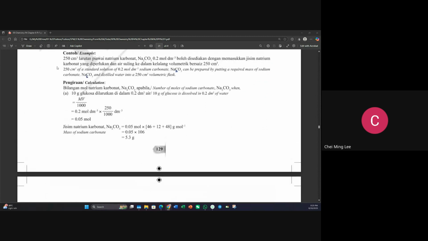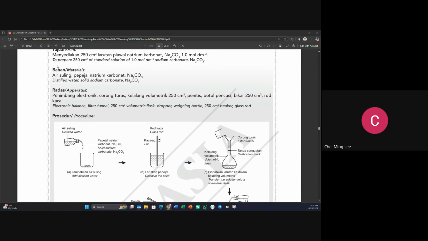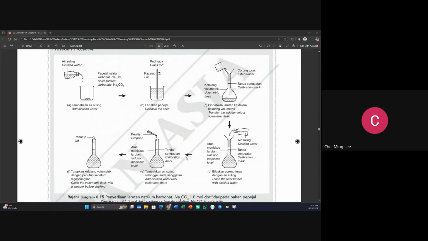All right, let's see how we make the solution. First we add the distilled water and the solid sodium carbonate, with the mass we calculate using this formula. Then we dissolve the solid, and transfer the solution to the volumetric flask, because the volumetric flask is a standard one, like 100 cm³.